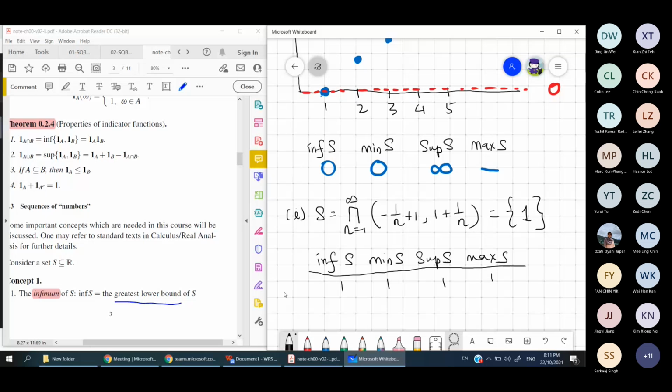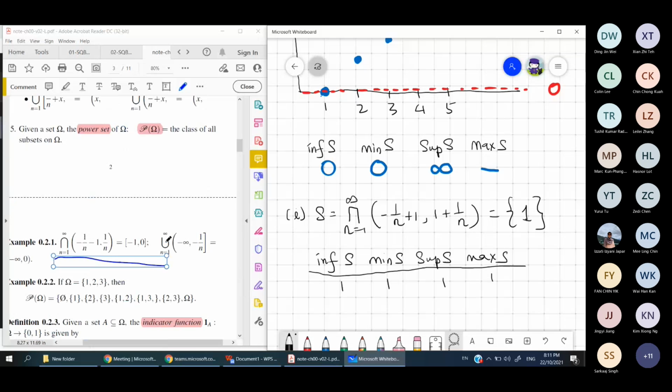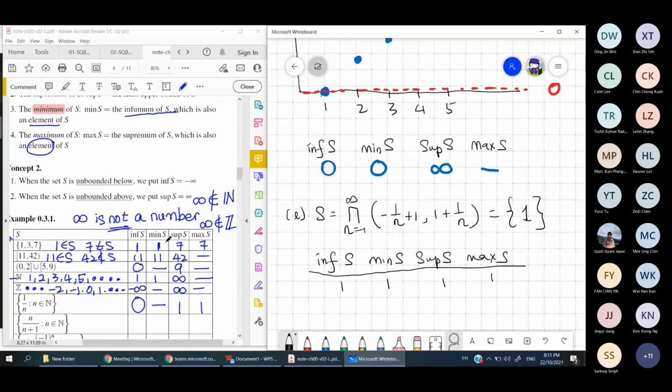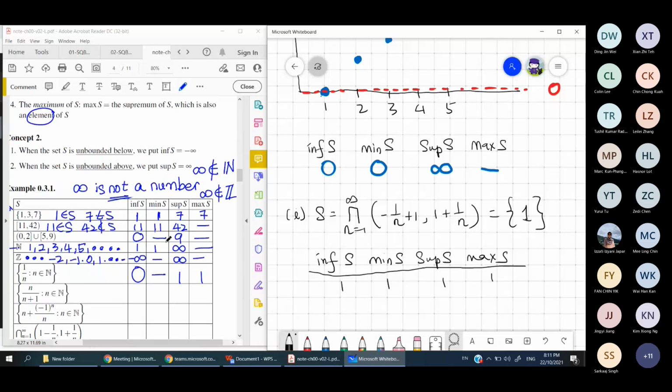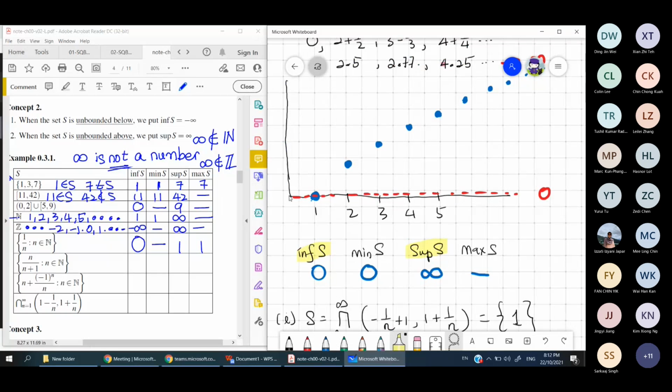So these are some examples of how to determine the supremum and infimum. Okay? So the technique will be like this. First thing first, you identify the infimum and supremum first. The infimum will be the lowest in the graph. The supremum will be the highest in the graph.